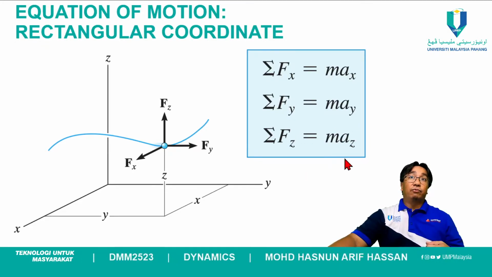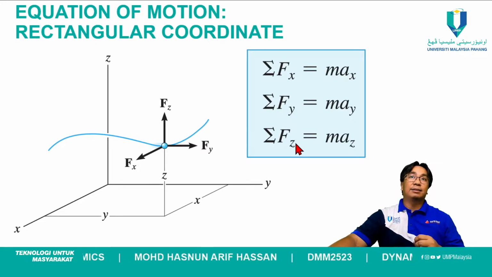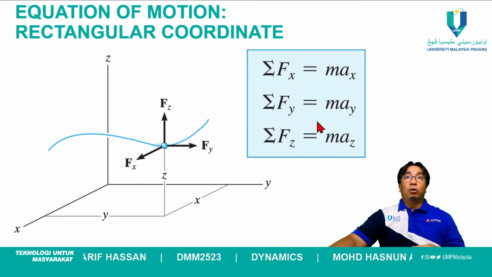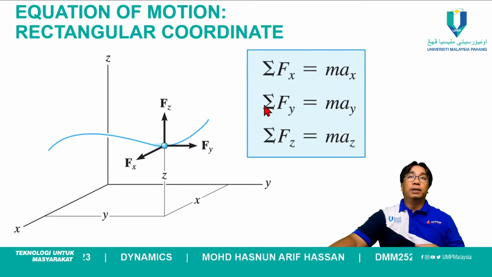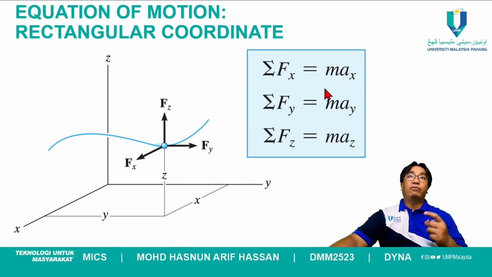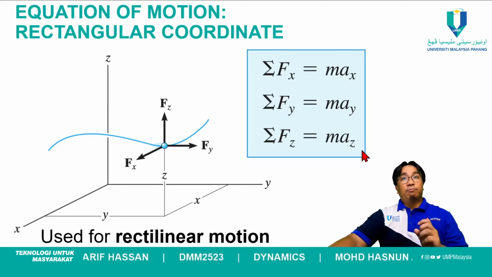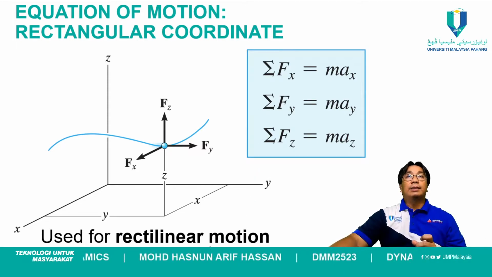In the case of a three-dimensional problem, you will have force in the z-axis equals maz. But as I mentioned earlier, normally we don't consider three-dimensional problems, so you are interested in just Fx and Fy.